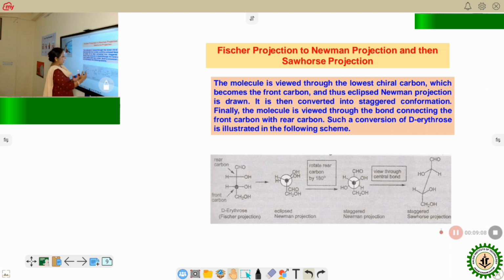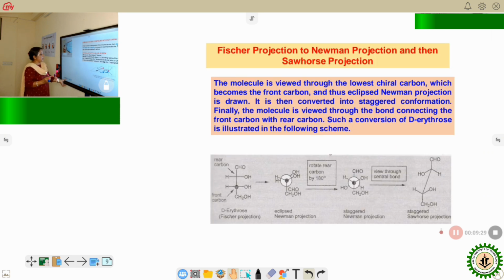So we can express D-erythrose from the Fisher projection formula to the eclipse conformer formula, and then to the staggered one: if you rotate the C2 carbon atom by 180 degrees, you can express this structure as the staggered projection formula of this compound.